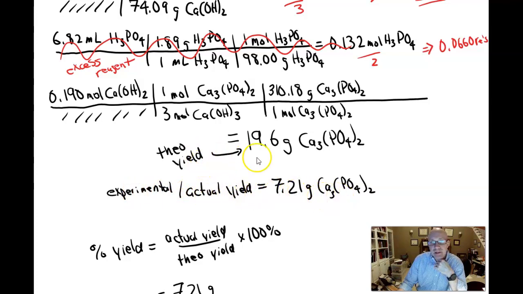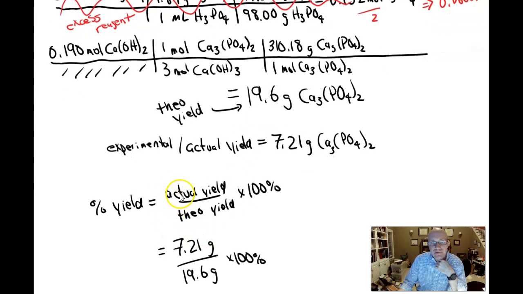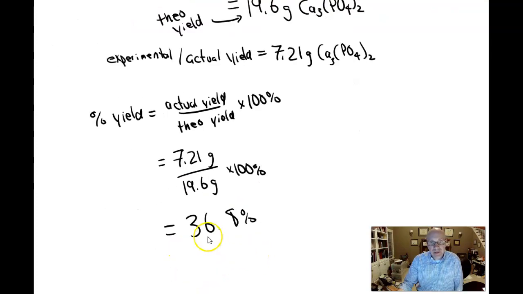We now have our theoretical yield, and our percent yield is going to be a comparison of what we did make compared to what we could have made. This is the formula right here: actual yield divided by theoretical yield times 100%. We take that and just plug those numbers in here, and you end up getting 36.8%.